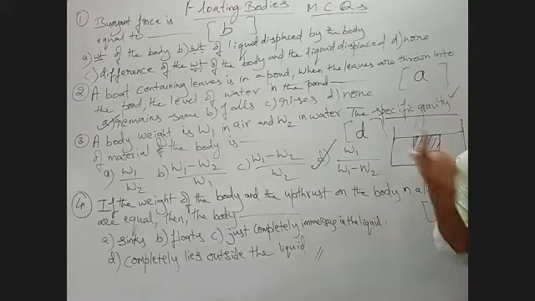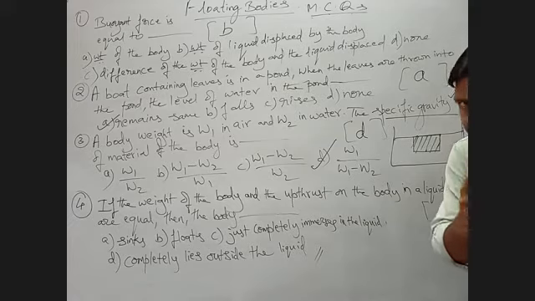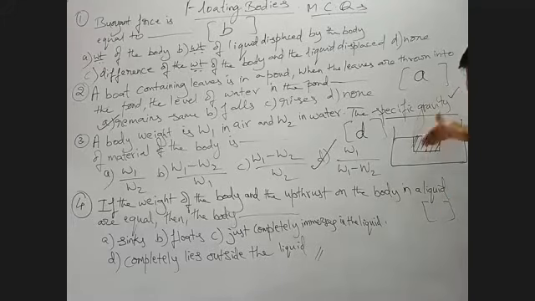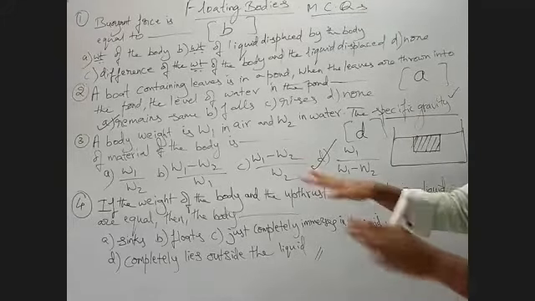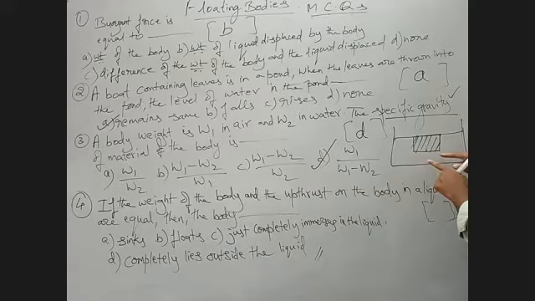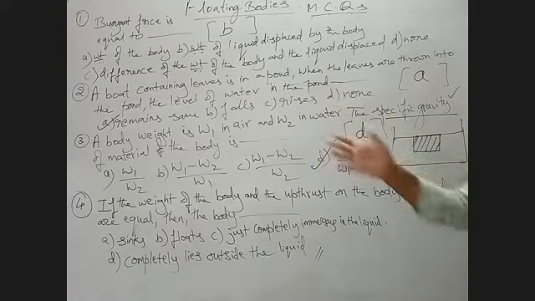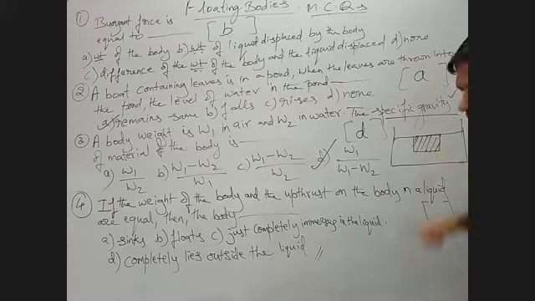This is what you have to note, my dear students. If a little bit of the weight is dominating, then it will go down. If it is equal, it will float like this. Now, if the upthrust is comparatively a little more, it will start floating upward. Otherwise it will float like this.